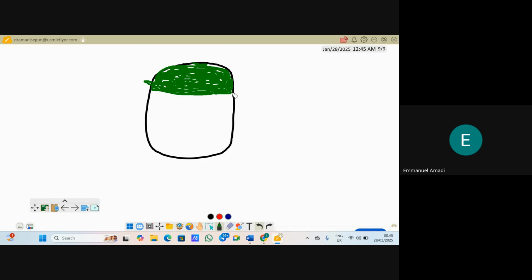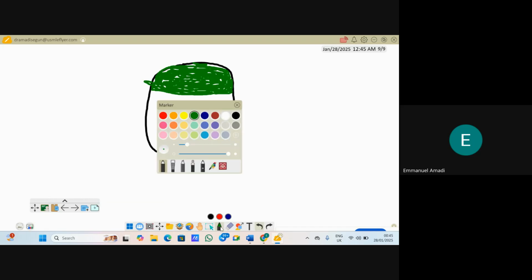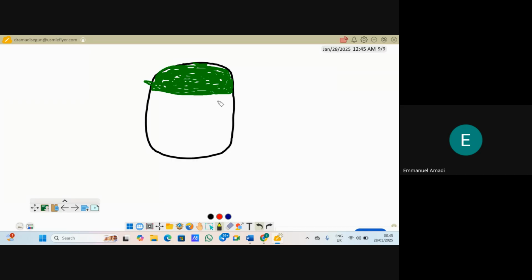Then let's say this is temporal. The yellow part is temporal on both sides. And let's say the red is parietal.